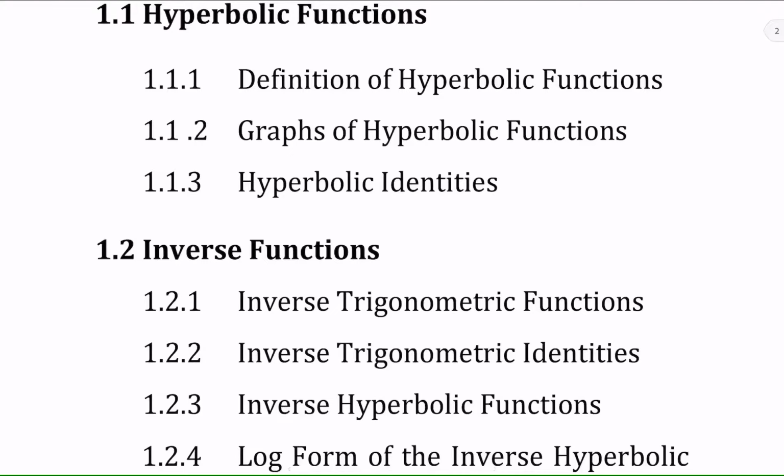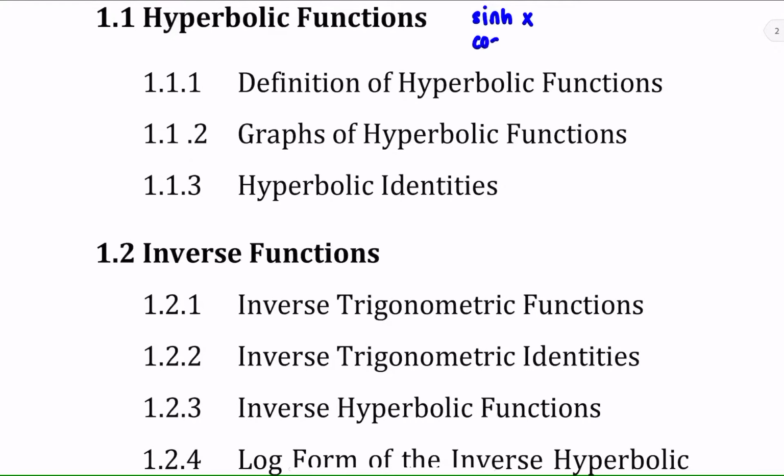For the hyperbolic function, we have examples like sinh x, cosh x, tanh x. For the inverse trigonometric function, we have sine inverse x, cos inverse x, tangent inverse x.